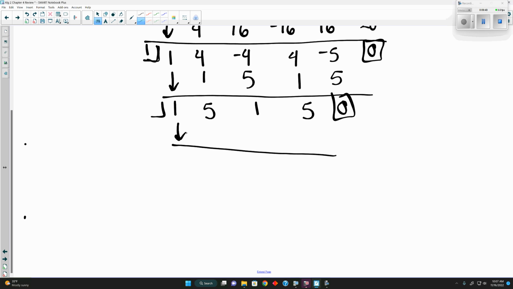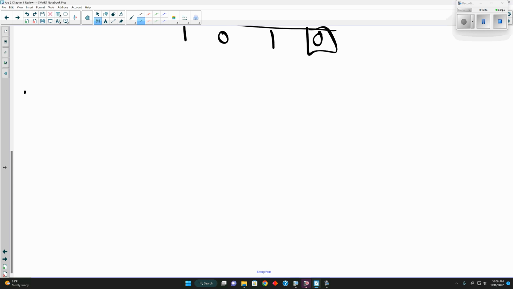And the last solution we had was -5, yes? Well, -5 times 1 is -5. 5 plus -5 is 0. Negative 5 times 0 is 0. 1 plus 0 is 1. And negative 5 times 1 is negative 5. And negative 5 plus 5 is 0.